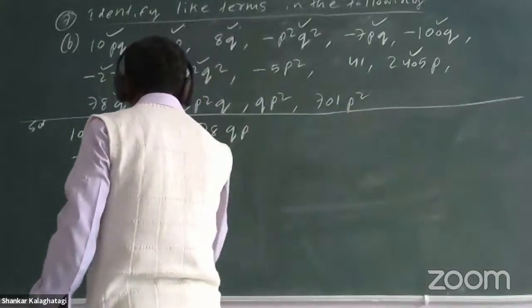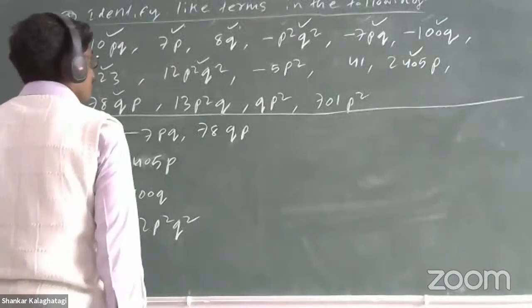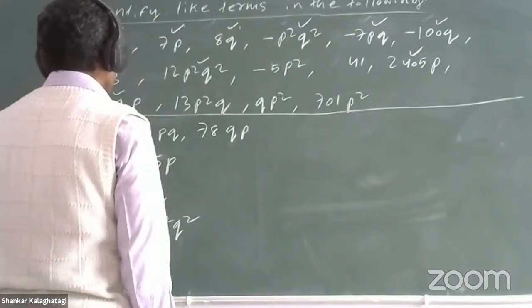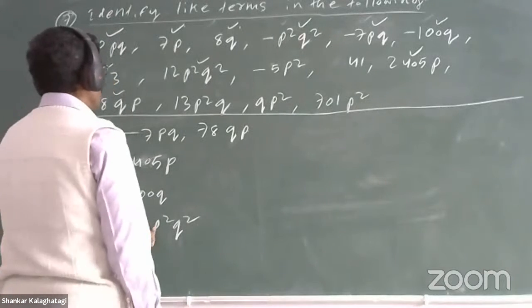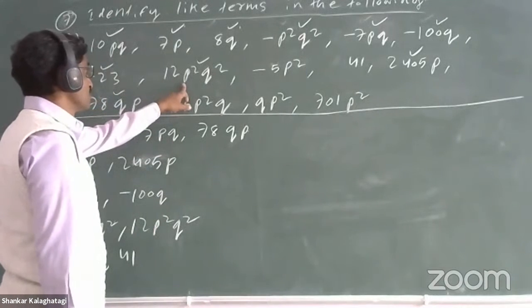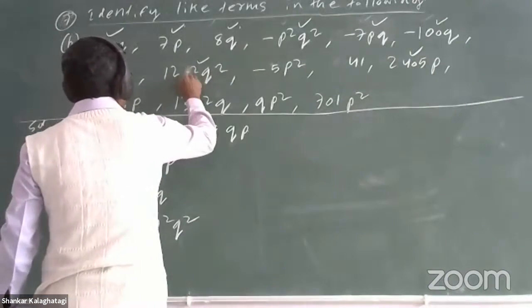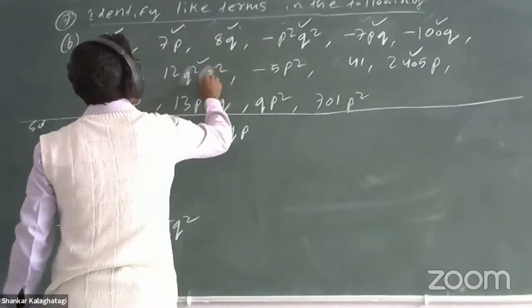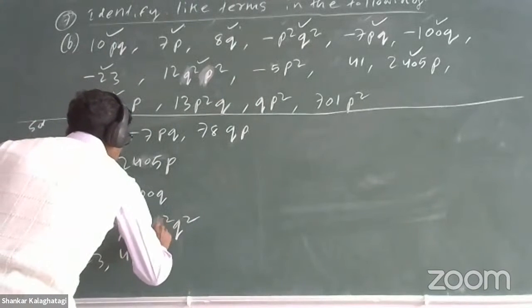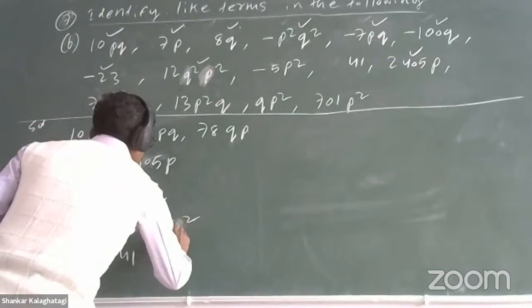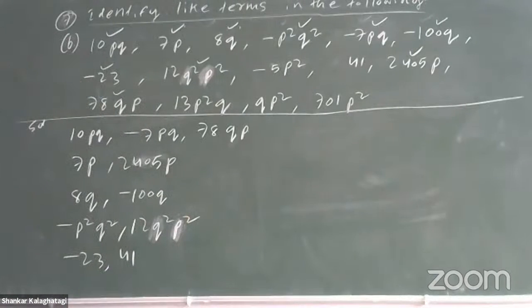Sir, you wrote 12 Q square P square, first Q square and next P square? In the textbook it is like that. Yes, sir. Okay, no problem, even if you write like that, no problem. 33 and 41 are constants. No other constant except these two.